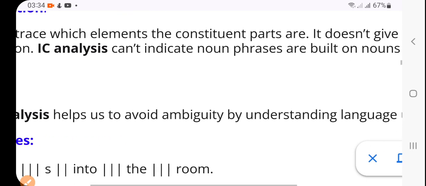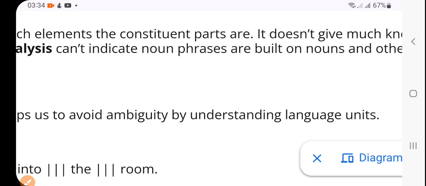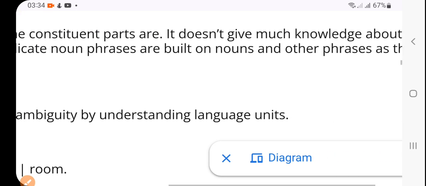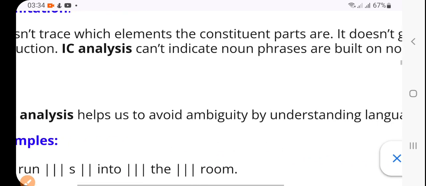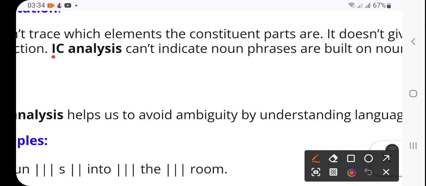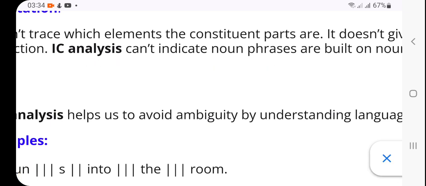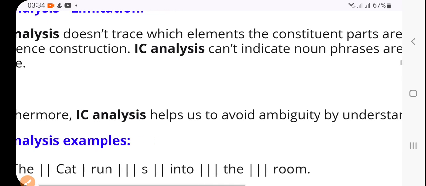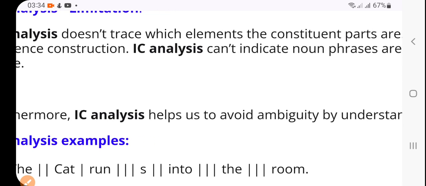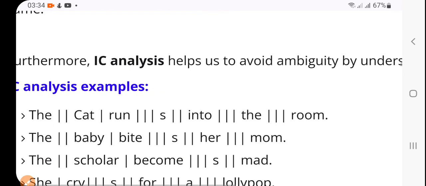So IC analysis cannot indicate that noun phrases are built on nouns and other phrases the same. Like noun phrases are built of nouns, other phrases are verb phrase, adjective phrase, adverb phrase.